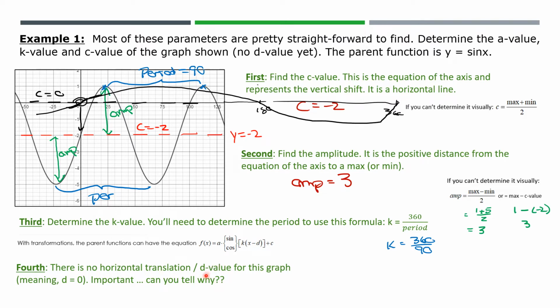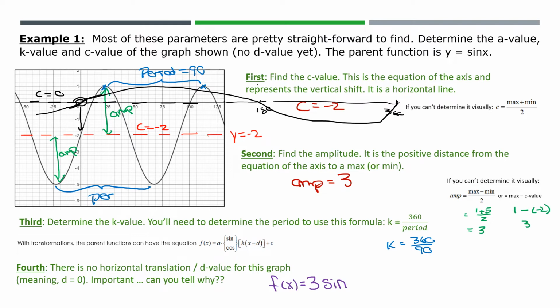Let's write down our equation because we have all of our parameters here. F of x equals, our a value is 3, I'll talk about the negative aspect later. We were using sine, so I know that it's sine.